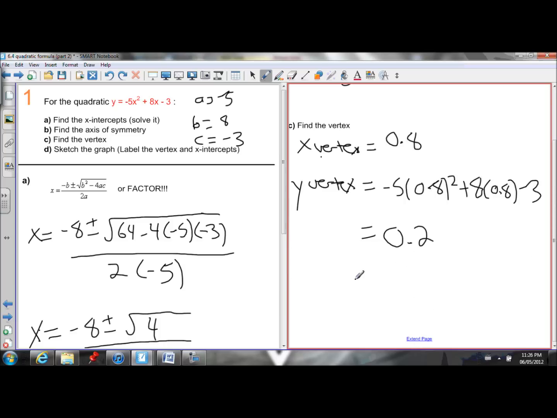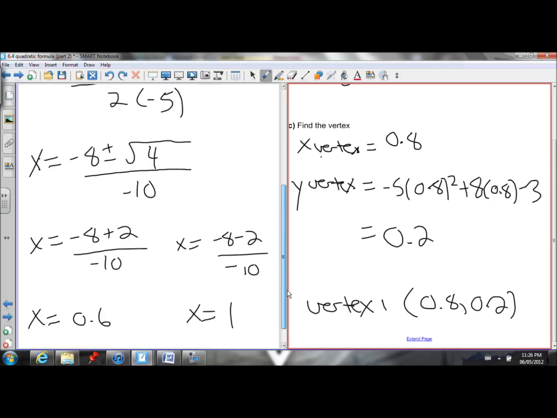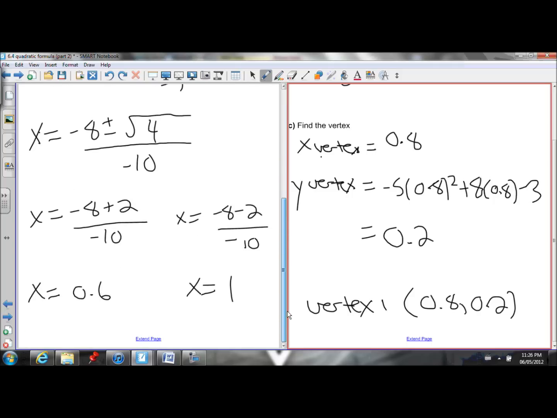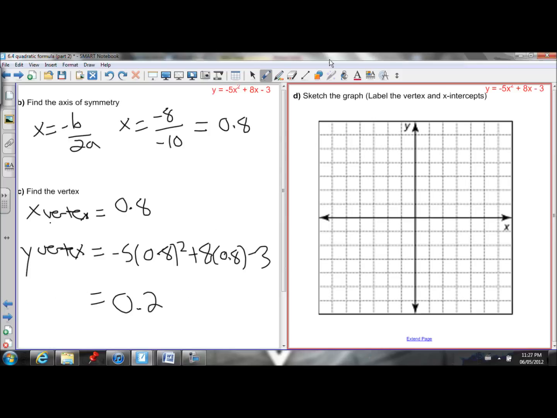Okay, so my vertex is an xy coordinate, so it is 0.8, 0.2. So x-intercepts are 0.6 and 1. The vertex in the middle of those x-coordinates is 0.8, 0.2. So let's go ahead and graph all that.